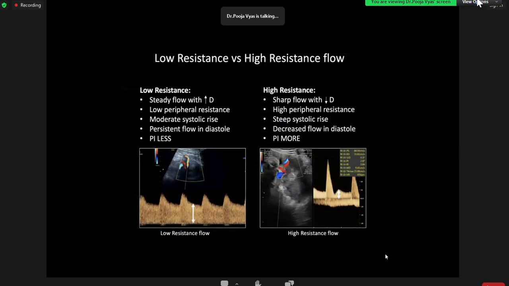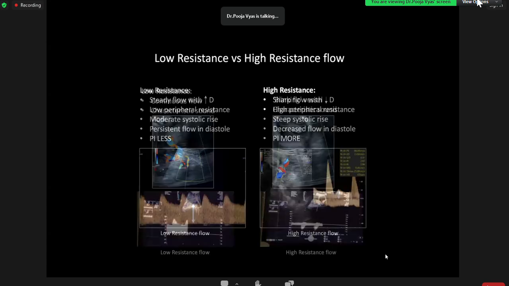So how do we differentiate low resistance from high resistance flow? Low resistance flow has increased diastole, the PI is less, and the flow is persistent throughout the cardiac cycle. High resistance flow is a very sharp flow. There is decreased diastole and the PI will be more.